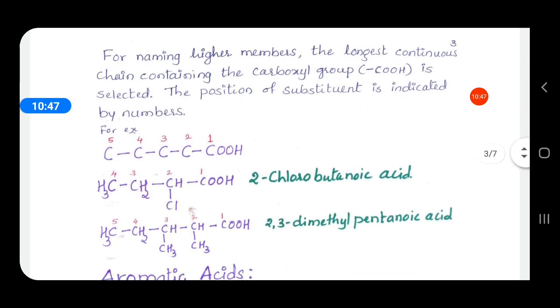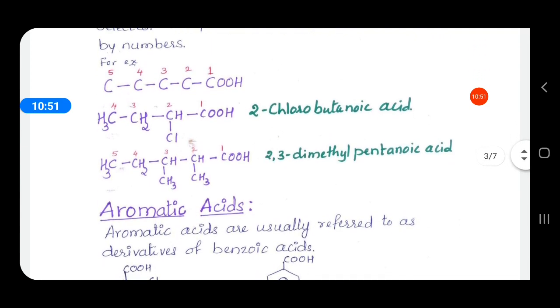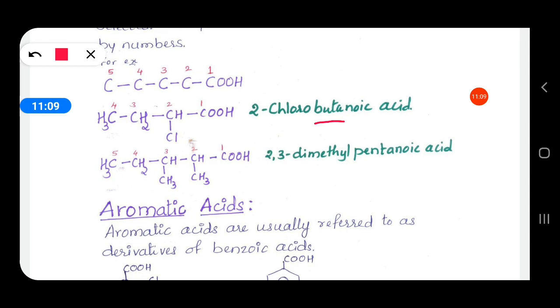So for the naming, the longest chain is selected, and depending on the number of carbons present in the longest chain, that is taken as the root name. For example, in this compound, 4 carbons are there in the longest chain. So it becomes butane because all the carbons are joined with single bonds.